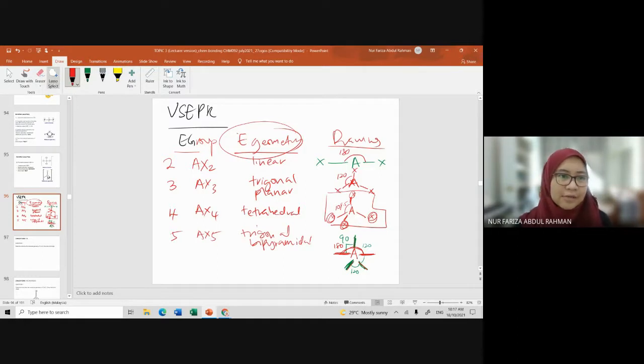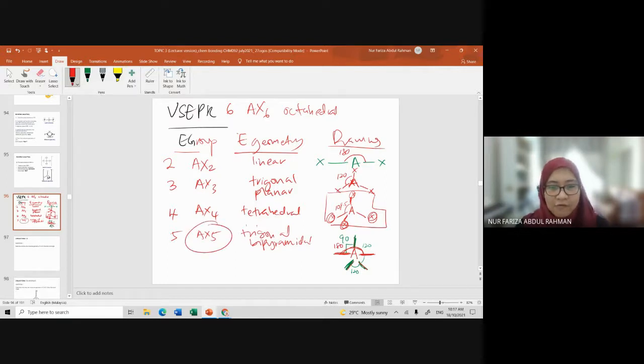Okay, right. So last but not least would be our 6 electron group. Okay, and then we have AX5, AX6. So it is known as octahedral. For this one, I would highly suggest you to, before I forgot, kalau you nak place the lone pair, remember for AX5 for trigonal bipyramidal, make sure that you place it on the equatorial position.